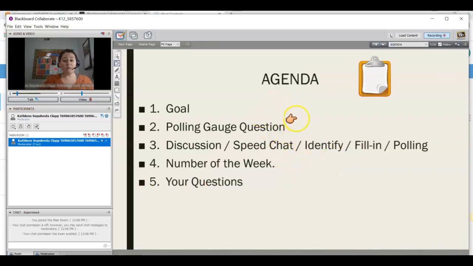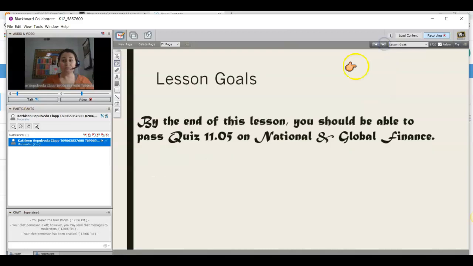So our goal is going to be talking about some discussions. We're going to do some polling. Obviously we can't really poll if I'm doing a recording, but I will discuss those polling questions. And then if you have any questions, by all means email me at the end of this recording. All right, so the lesson goal is hopefully by the end of this lesson, you should be able to pass quiz 11.05 on national and global financing.